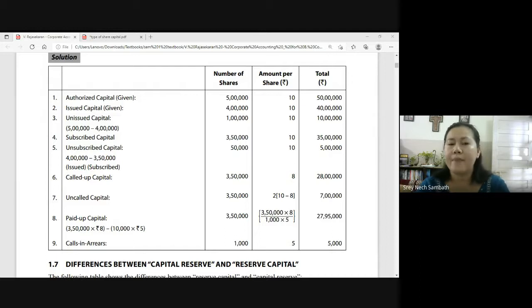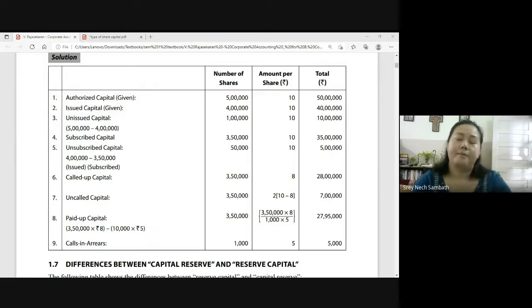Now when it comes down to the issued capital, that also is given. Though their authorized capital is 5 lakh shares, they decided to issue capital to the public to subscribe only how much? Only 4 lakh shares. So 4 lakhs multiplied by how much? 10 rupees per share, right? The face value. So their issued capital is only 40 lakhs rupees.